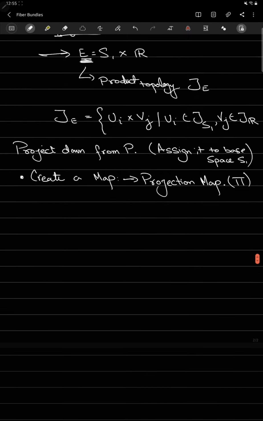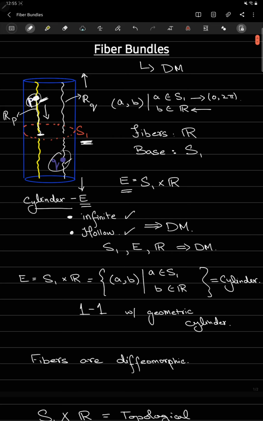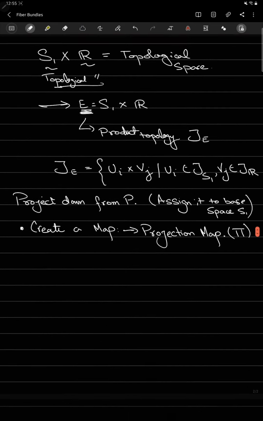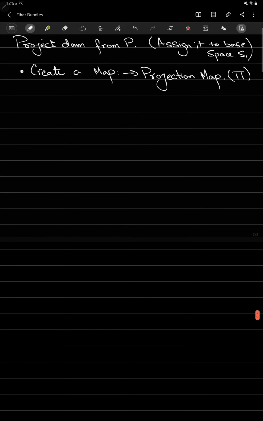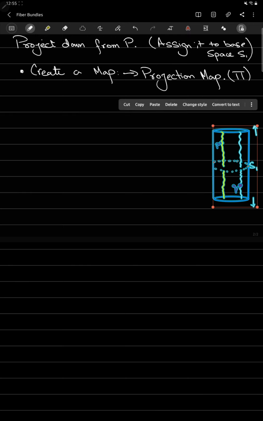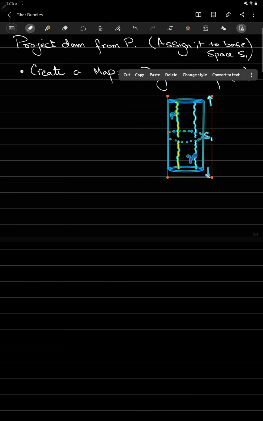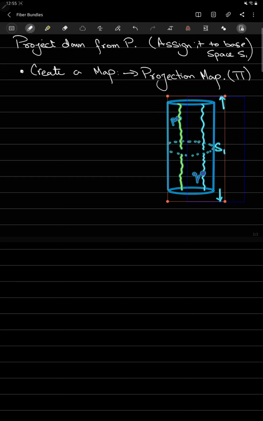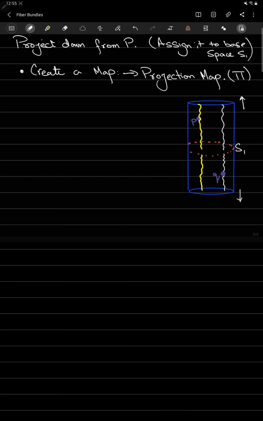Now let me just copy paste this image of this cylinder. I think I already have it on my clipboard. Let's see. Yeah, here it is. Okay, so let me just put this over here so you can have a look at it whenever you want while I'm doing this. So you'll define a map pi that takes your space E to the base space.